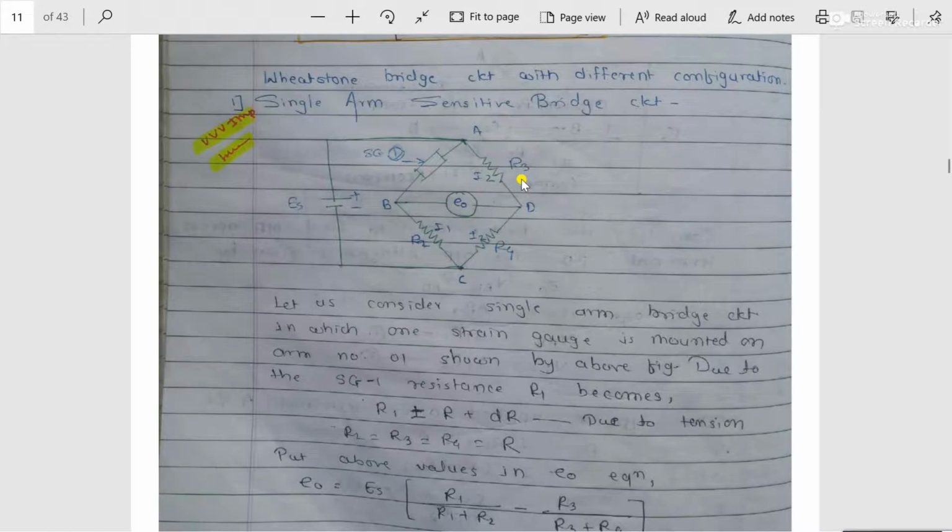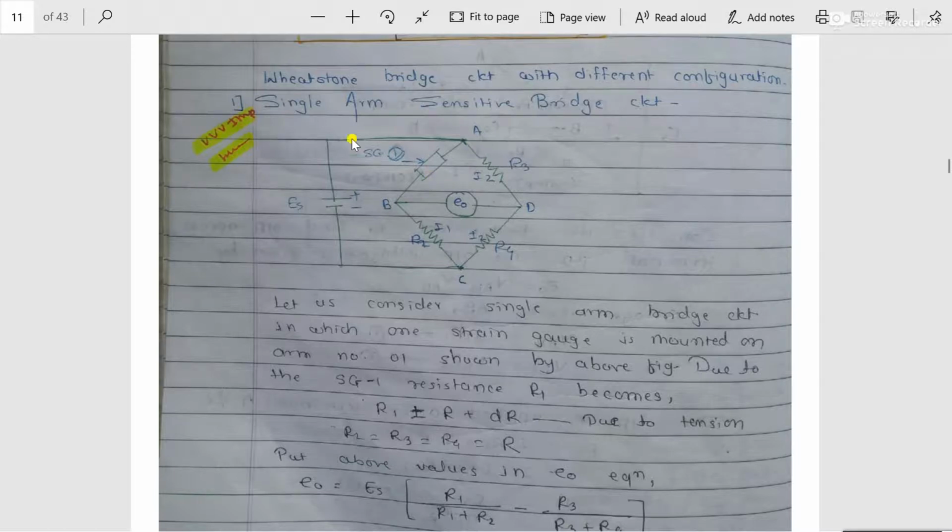But after the application of load, if the strain gauge comes in contact with the loading, the resistance of this strain gauge increases or decreases. The constant resistors on arms number 2, 3 and 4 will not change, because they have constant resistance values. But the resistance of the strain gauge mounted on arm number 1 increases or decreases according to the loading.